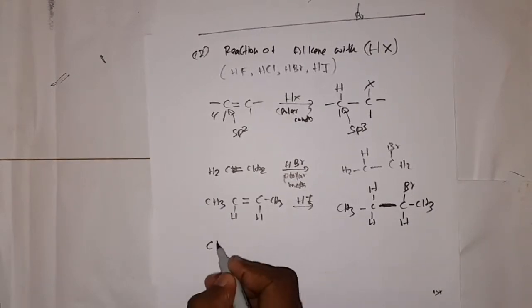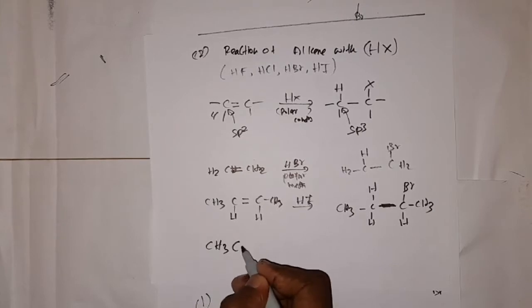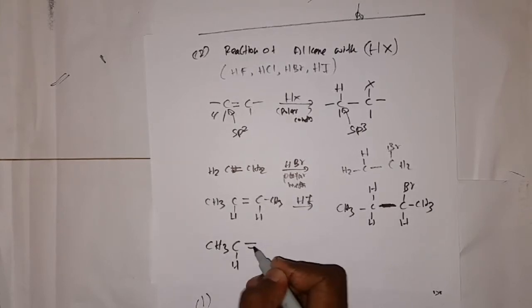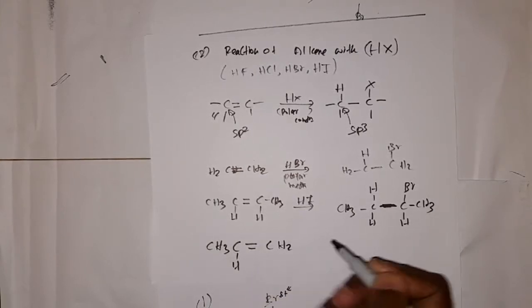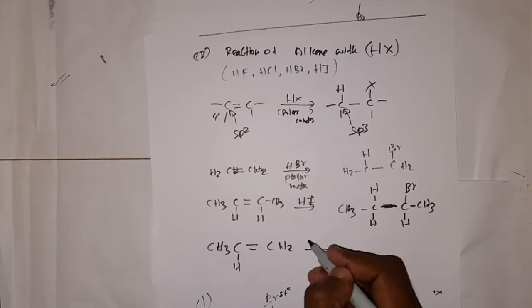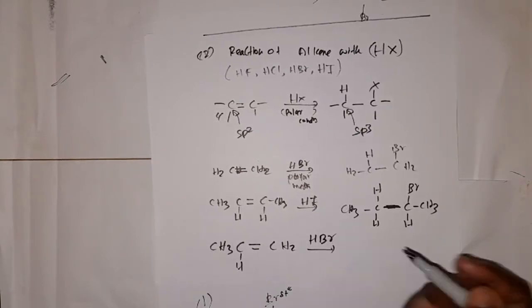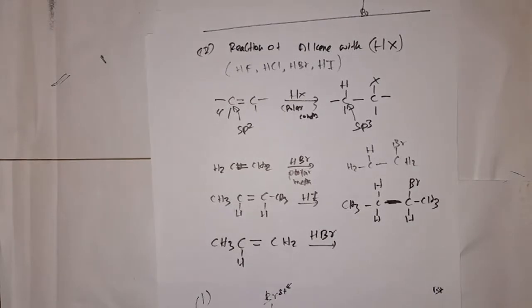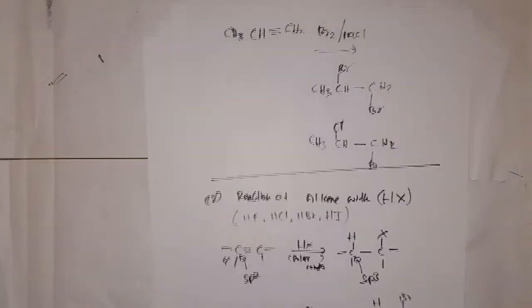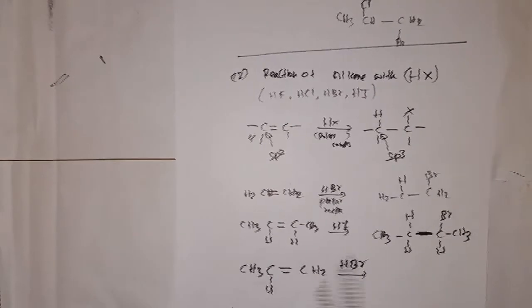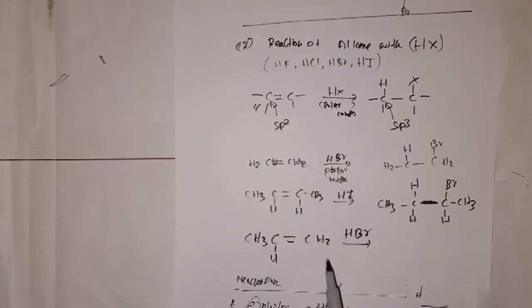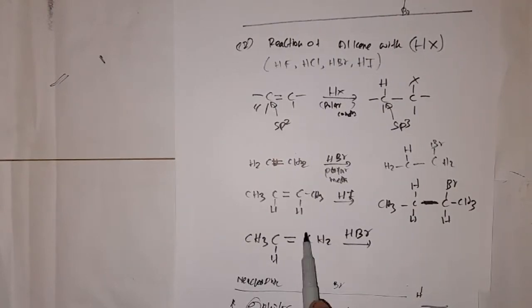Now think about this one, CH3 CH double bond CH2, and now think about we are going to add HBr, and here I think there's a problem. Now here you have to think about which point we have to add hydrogen to, here or here.